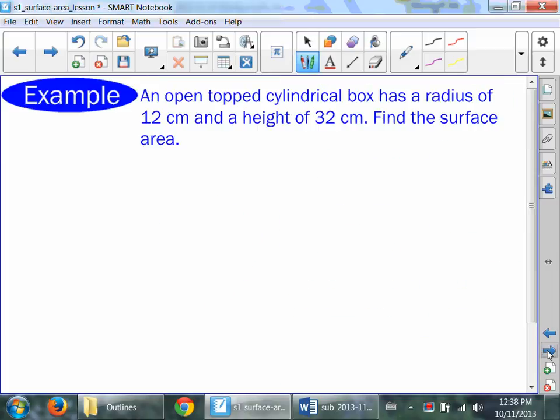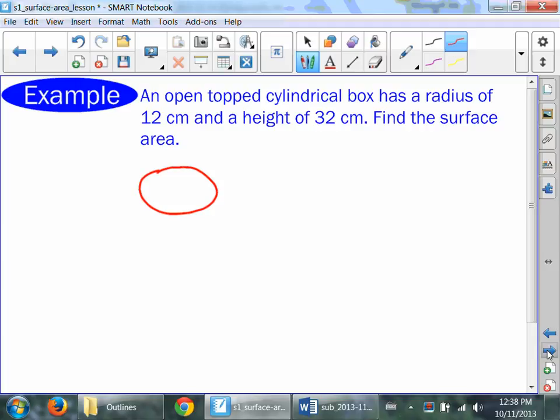An open-top cylindrical box has a radius of 12 and a height of 32. Find the surface area. So what we should do is we should draw a picture. Okay? Picture's worth 1,000 words. Here's our picture.